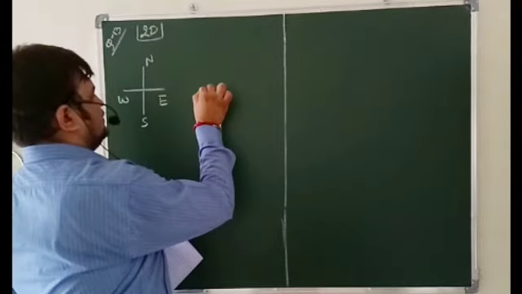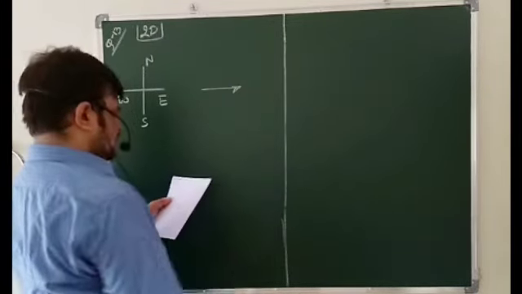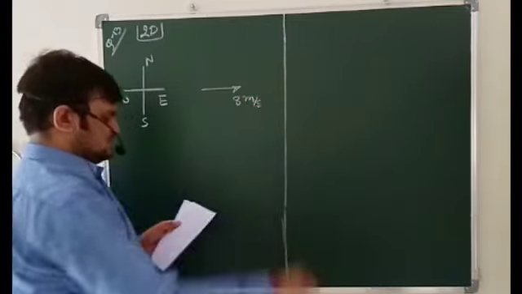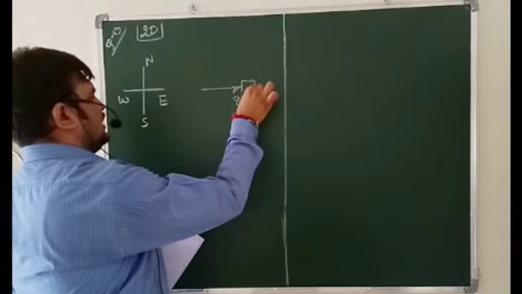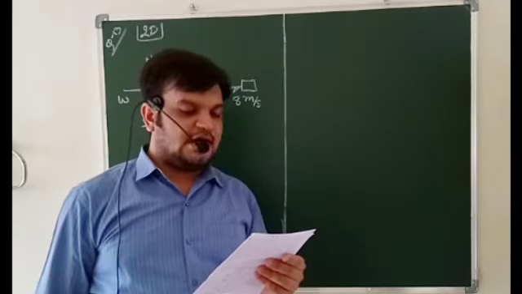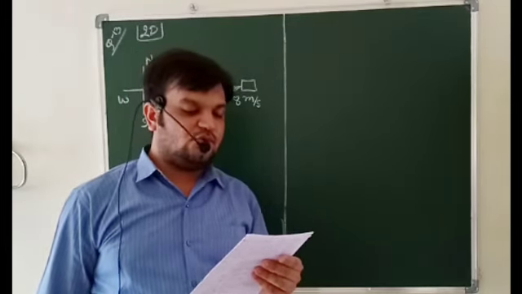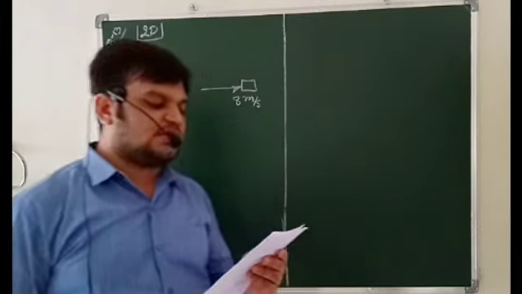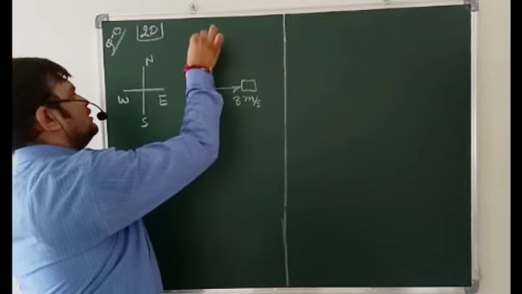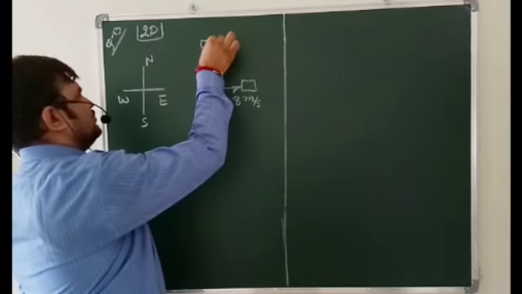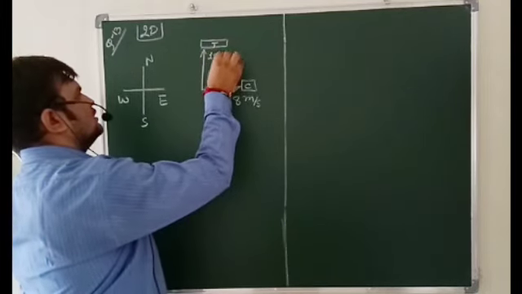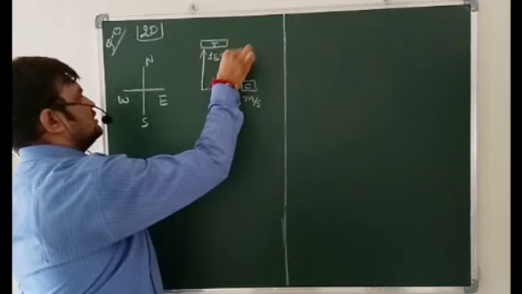So a car is going eastward with a velocity of 8 meter per second. Here it is a car. To the passenger in the car, a train appears to be moving northward with a velocity of 15 meter per second. This is the train, this is the car, with 15 meter per second.